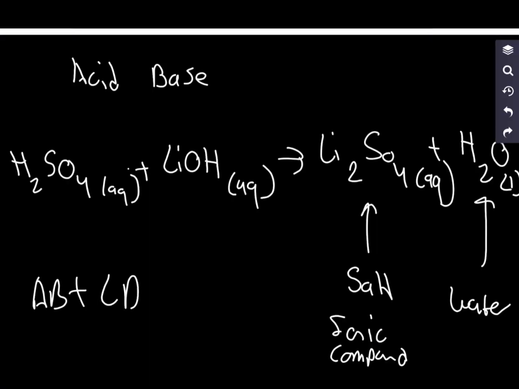And when there's an acid-base reaction, you're going to get a salt, which is your ionic compound. So it doesn't have to be the literal NaCl salt. It can just be any ionic compound. And there's your water, H2O. So this is just the second type of double replacement reaction.